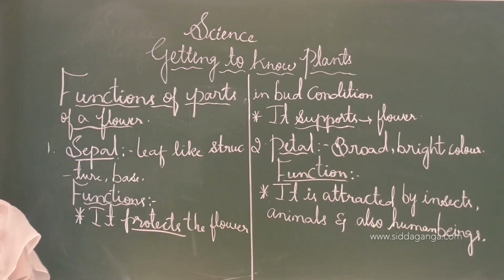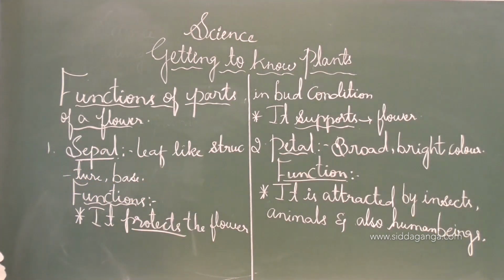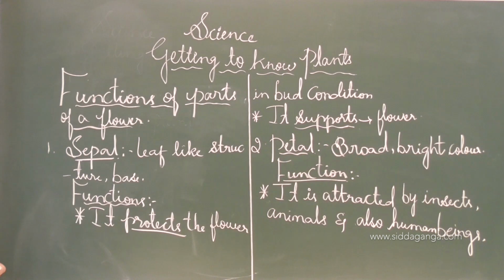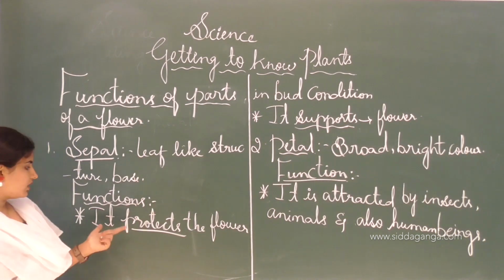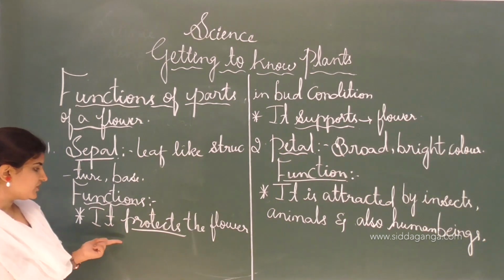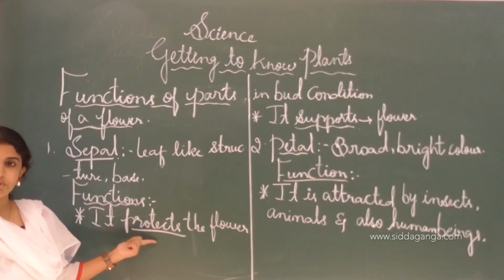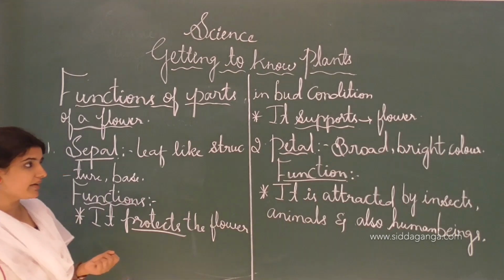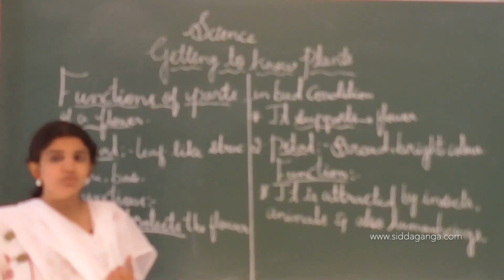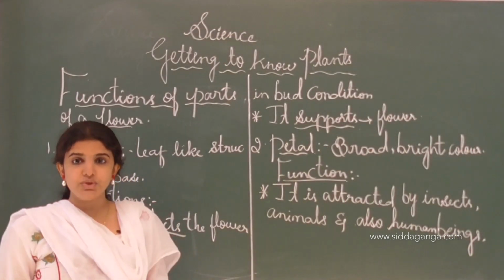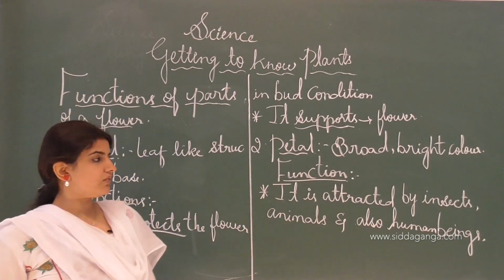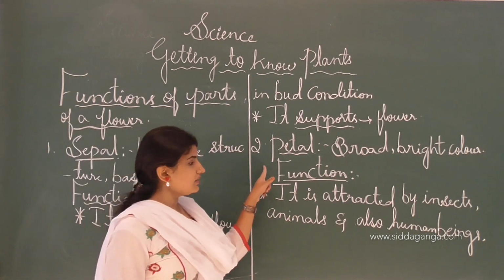Next we shall move on to another part of a flower. Sepal is a leaf-like structure usually present at the base of a flower, and its first function is that it protects the flower in the bud condition. It also provides extra support to the flower after the bud matures into a flower. Next is the petal.